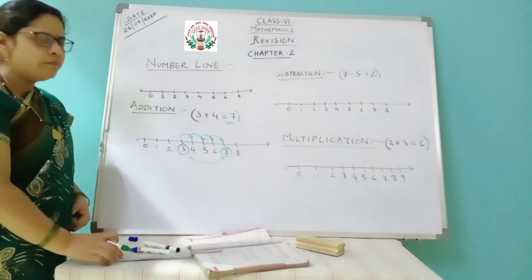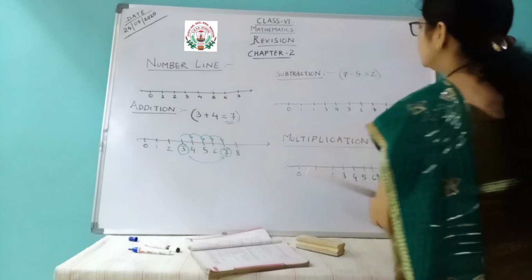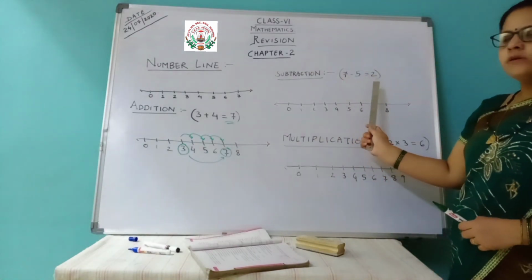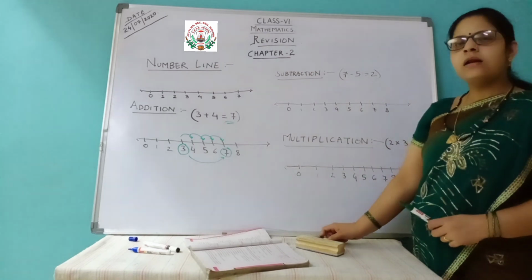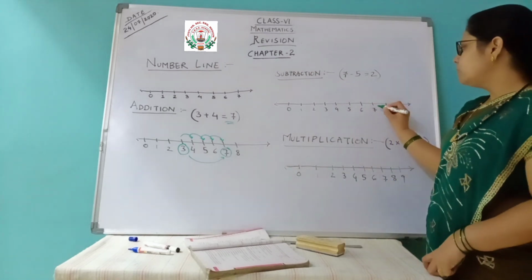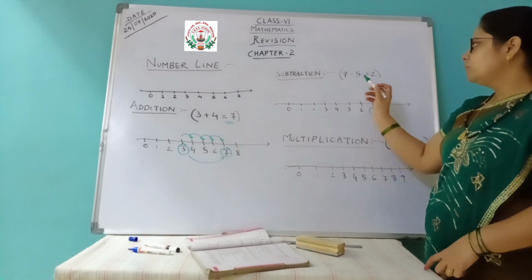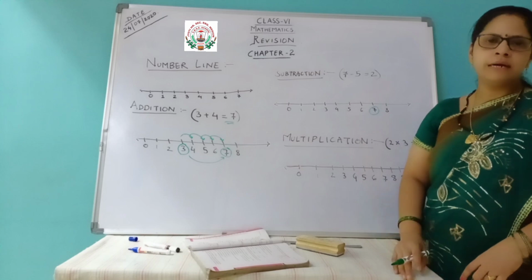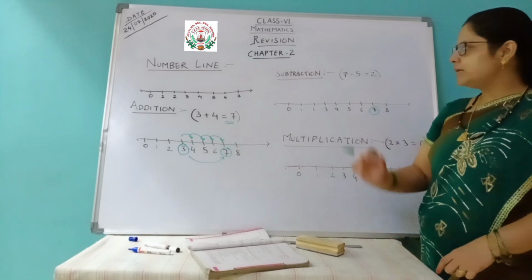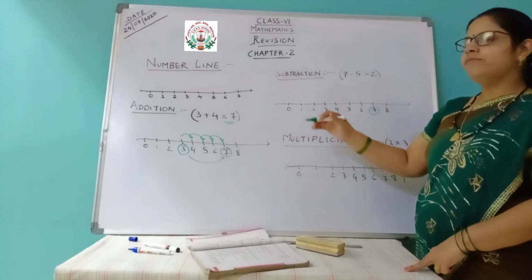Now in the same way we do subtraction. 7 minus 5 is equal to 2. Everyone knows this. Now on the number line, how are we going to do that? First we take the starting number 7. Now as we are doing subtraction, we will definitely get a number smaller than 7, so we go to the left side.